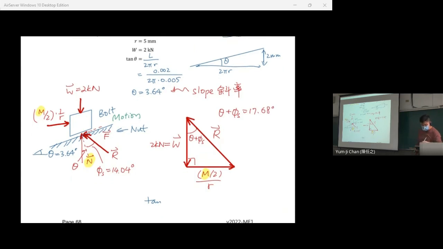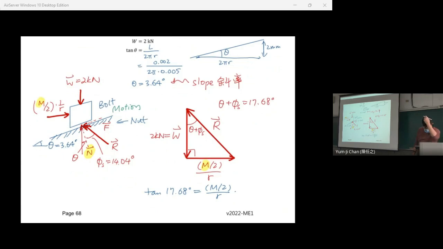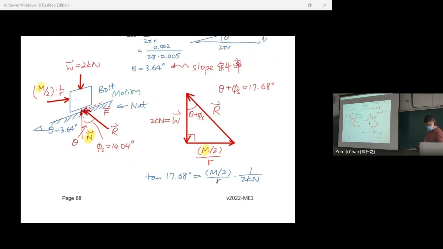So tangent of 17.68 degrees is equal to M over 2 divided by R, times 1 over 2 kilonewton. Therefore, M is equal to 6.37 Newton meter. Take your time to write it down.